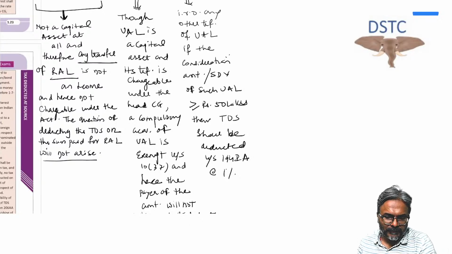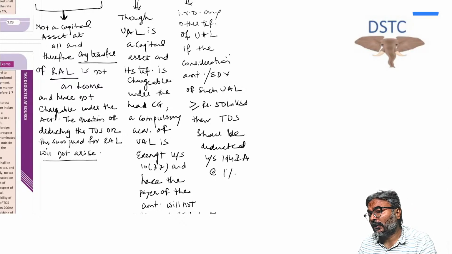In excess of rupees 50 lakhs, then TDS shall be deducted under 194IA at the rate of 1%, students. No, exempt 10(37). That is the reason why they are getting the exemption on the transfer. So it is chargeable but exempt under 10(37).